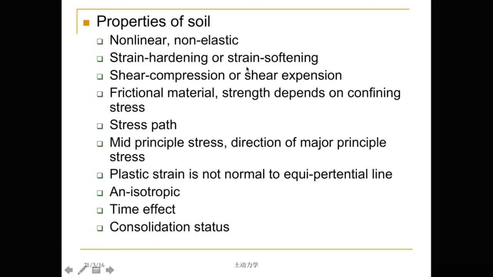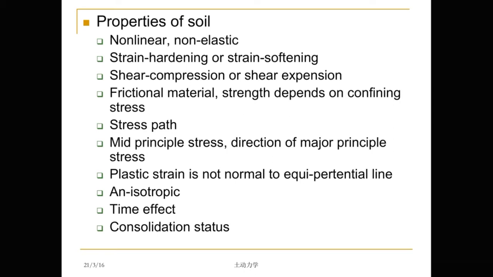Another is strain softening. For dense sand, when we apply the shear load on the dense sand, then with the shear strain developing, the volume of dense sand will increase. That means the dense sand during shearing will tend to become loose.